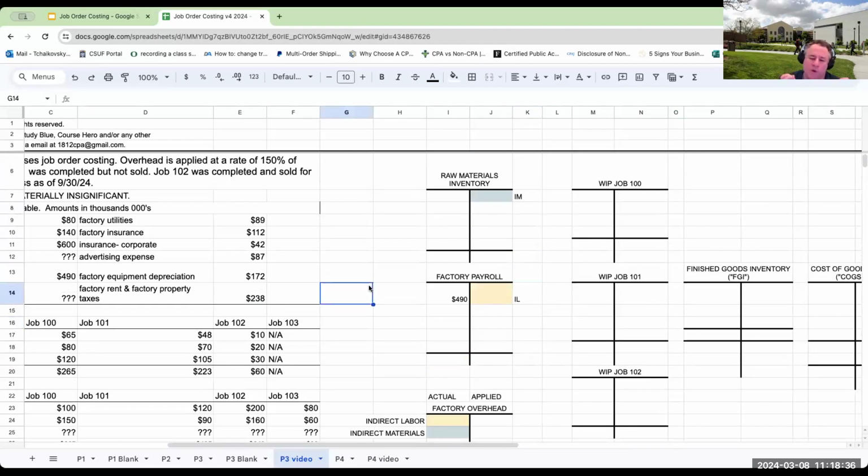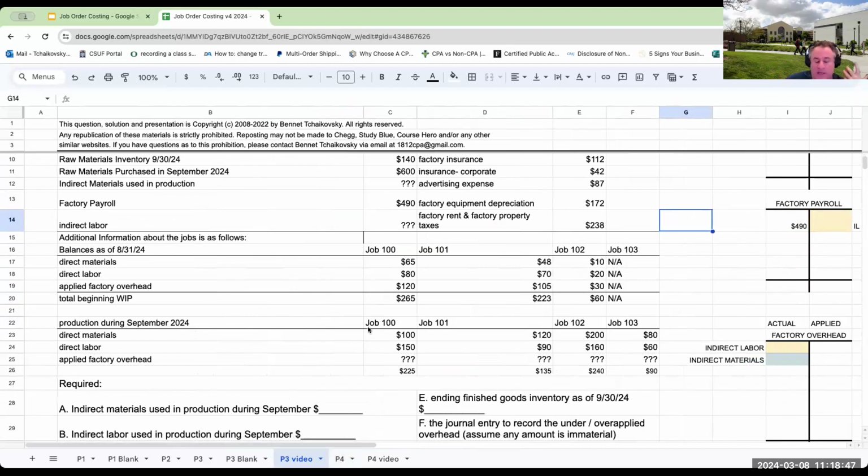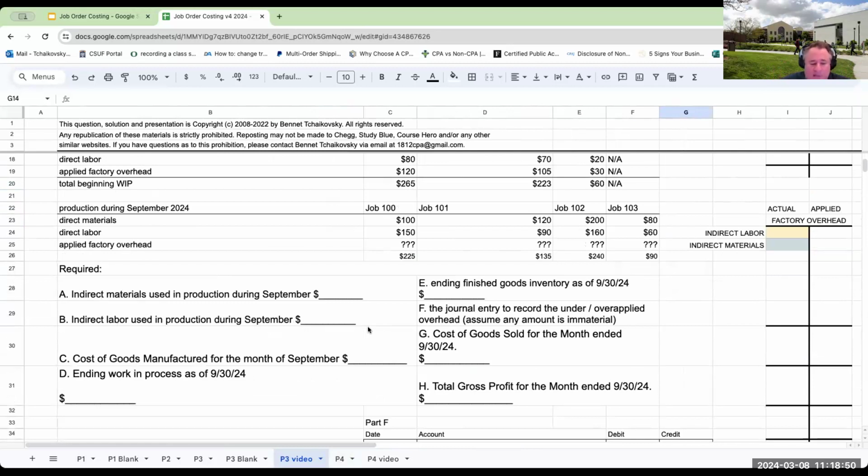So now what we want to do, and this is a very important step, is set up the T accounts properly. And if you're taking my class, this is what I'm going to be asking you for. What are the indirect materials used? What was the indirect material used in production?